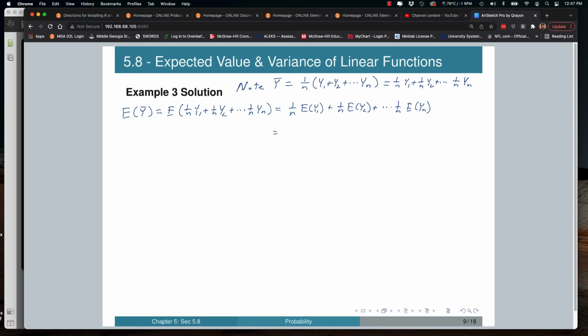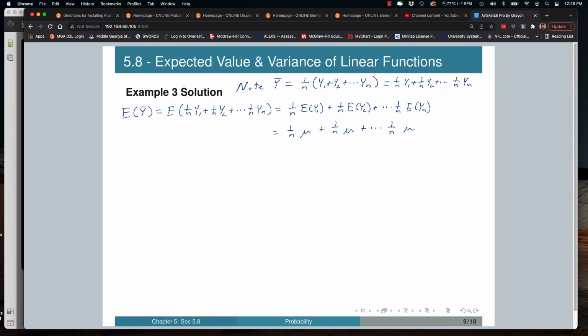Well, that's just equal to 1 over n times mu, because the expected value of y sub i equals mu, plus 1 over n times mu plus ... 1 over n times mu. All those expected values become mu, which is nice.